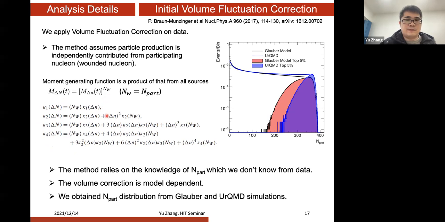That's what we wanted. Then we can solve these formulas and extract the true cumulant we want.